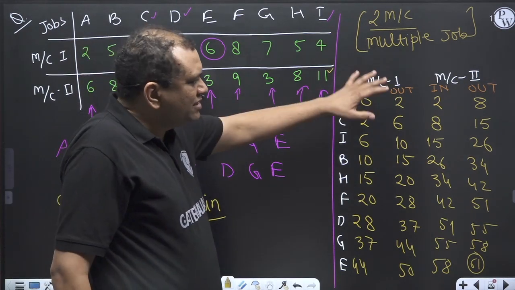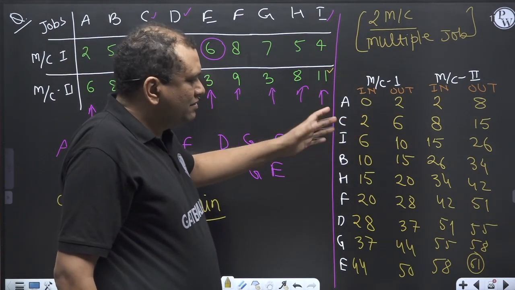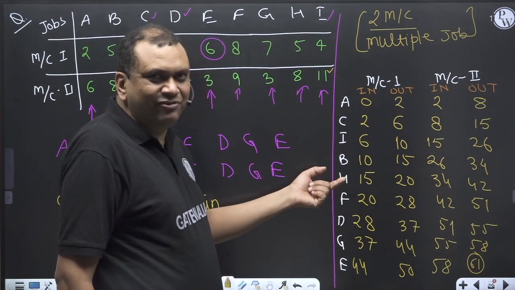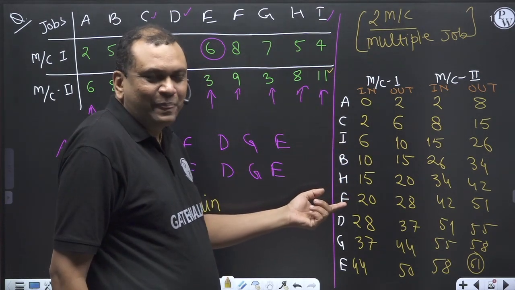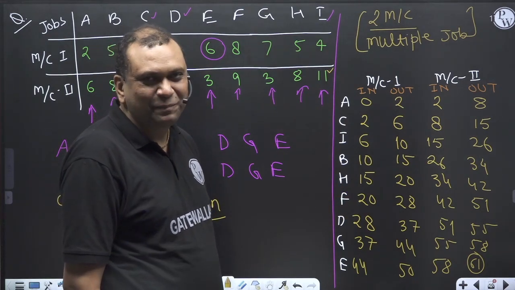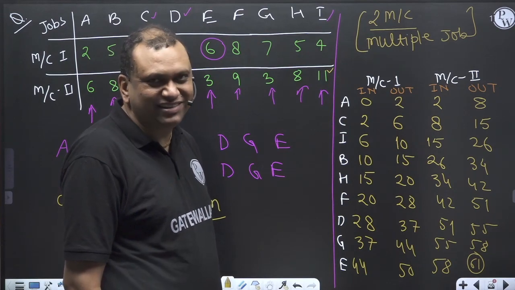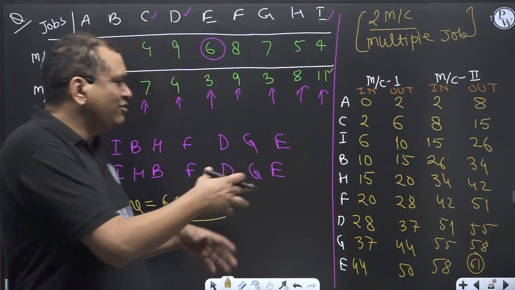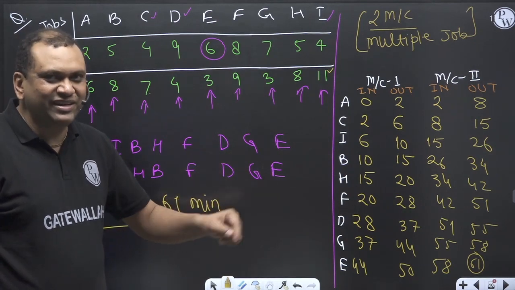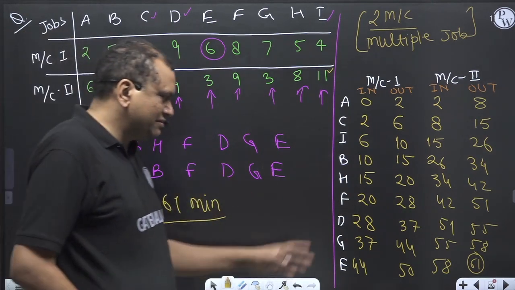Now based on this data, this data is in a notebook. I have taken a photograph of this. You know why? Because with this data, I want to prepare a Gantt chart. So every time I have to push back the slide and all that, I have taken a photograph of the data.